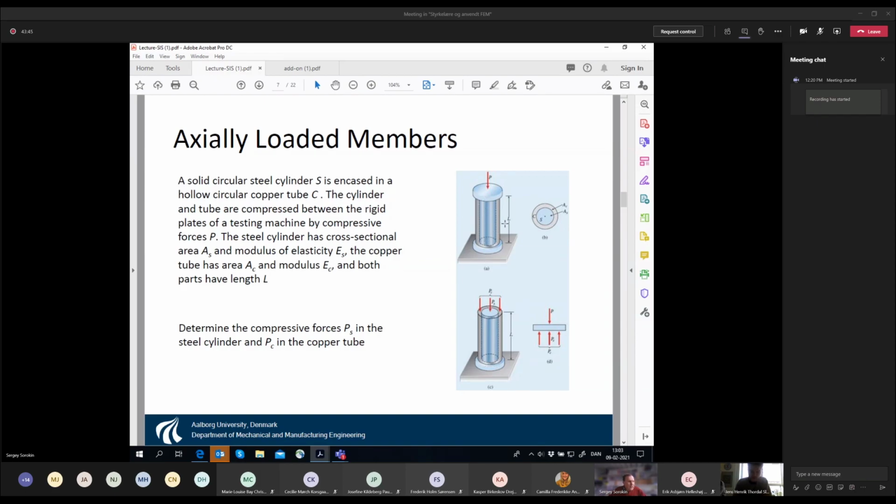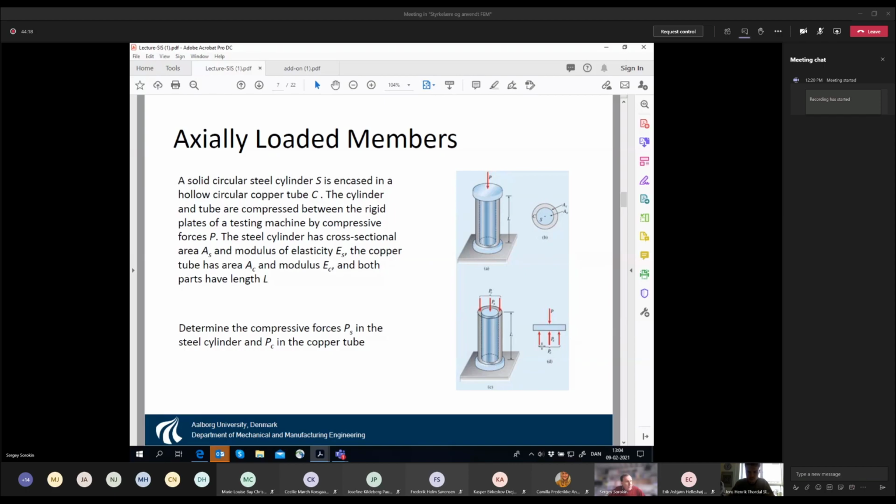They are manufactured so that you have some gap between them, and you put a lid on top and press it downwards. So you apply the force onto this lid, and then this lid distributes the force between the brass, the copper tube, and the steel cylinder, so that we ensure equilibrium.